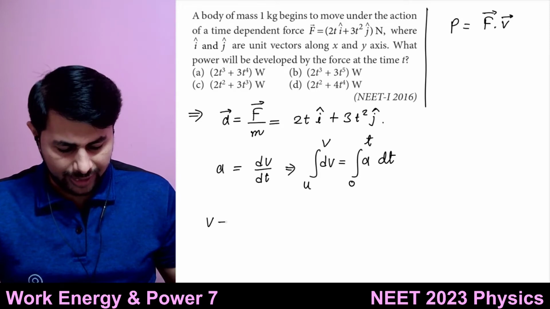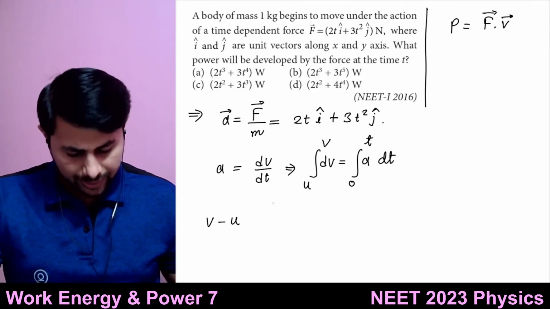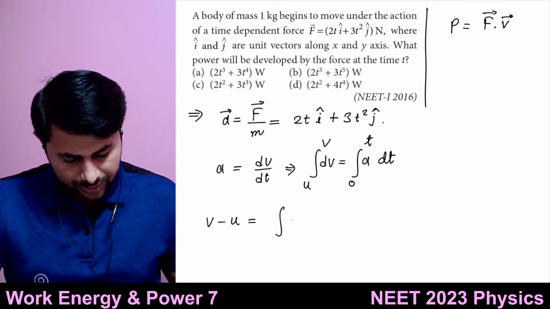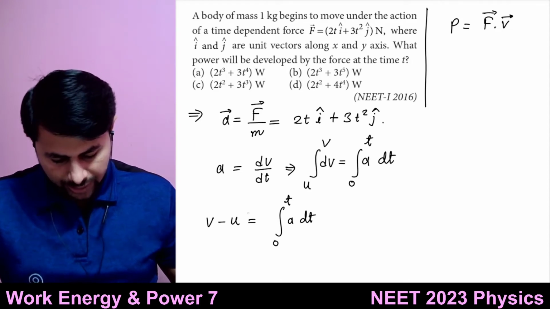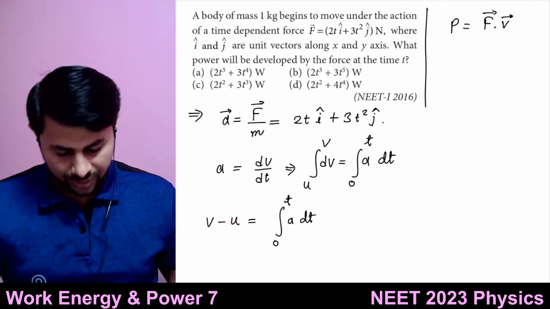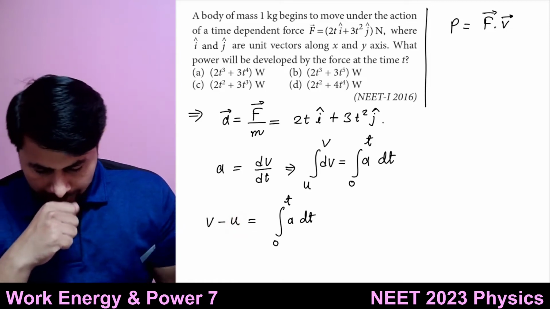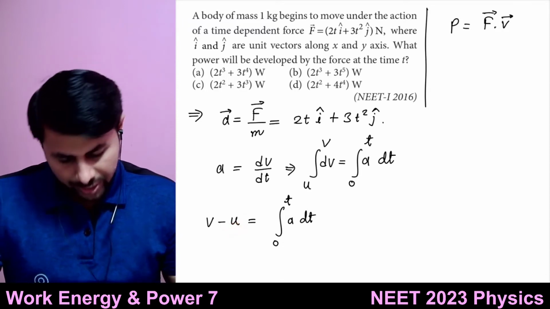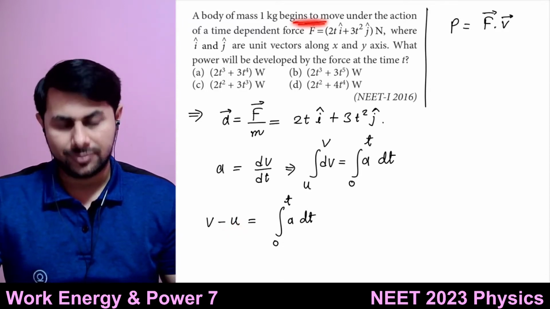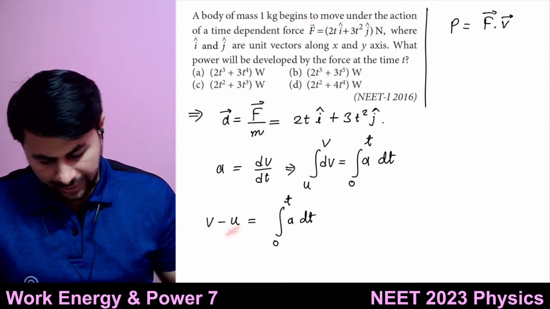So v minus u equals the integral of a dt from 0 to t. The initial velocity is 0 because it begins to move, it's given. So u is 0.